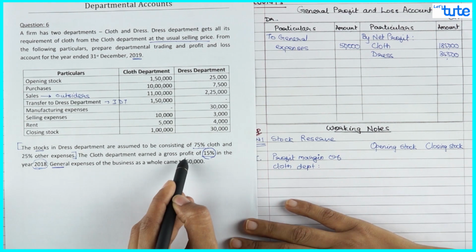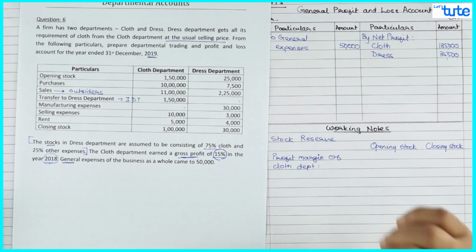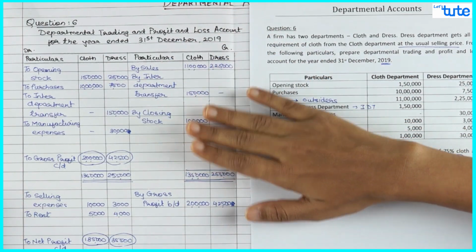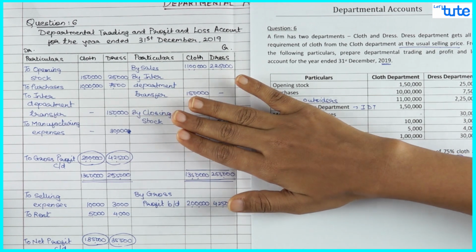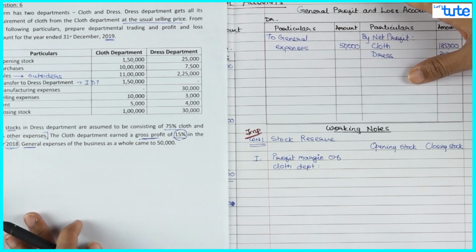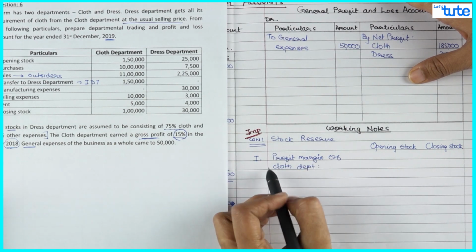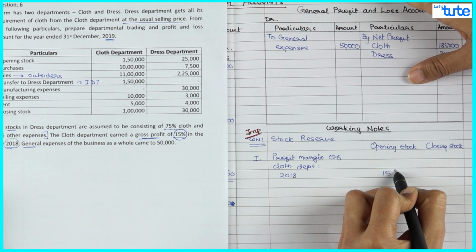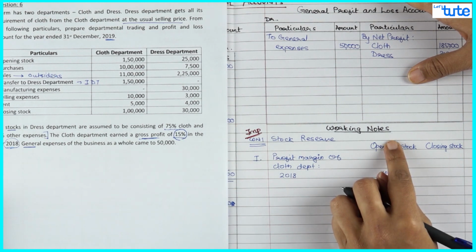But to calculate gross profit for the current year, we have the departmental trading account, and this trading account can easily give us the gross profit ratio for the current year. So profit margin of cloth department, for 2018 it was given as 15%, that we apply for the opening stock.